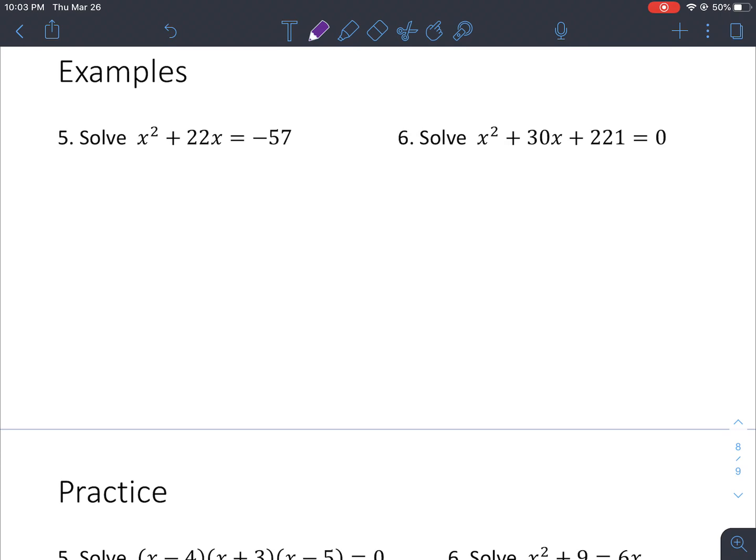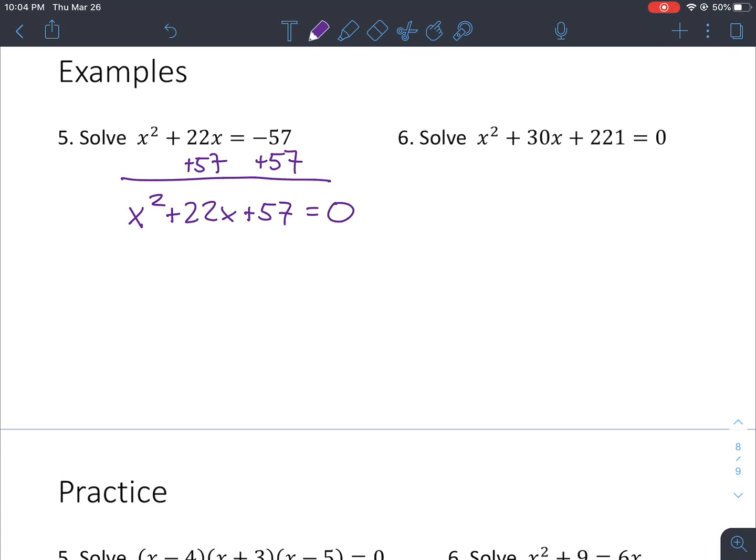So in this case, we have x squared plus 22x equals 57. Well, the first thing I'm going to do is add 57 to both sides. X squared plus 22x plus 57 equals 0. And then from there, we could go about our factoring.